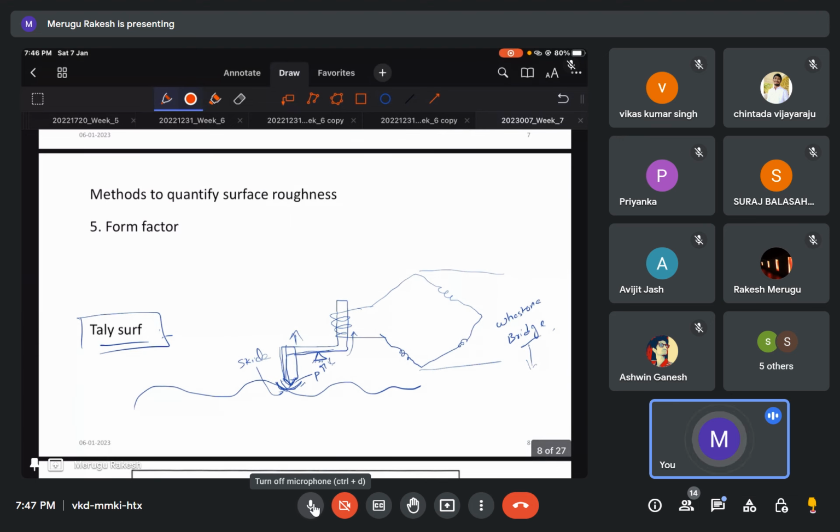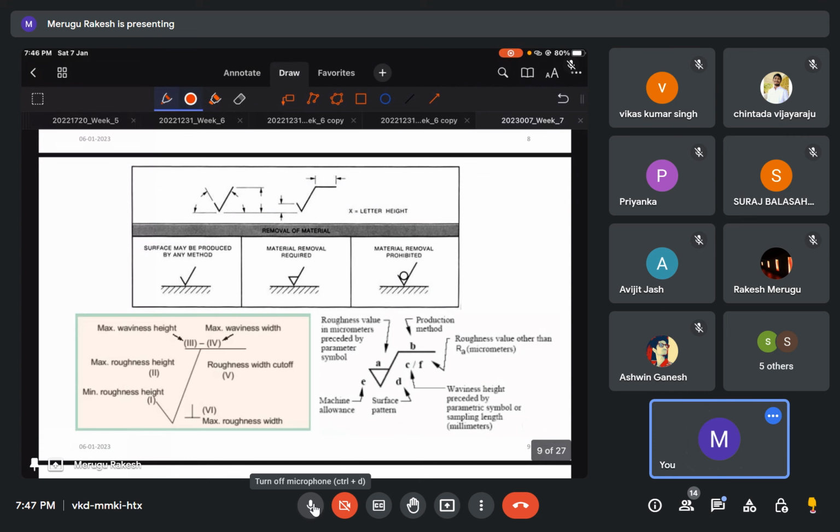So let me discuss these symbols that I was talking about. First of all, this is the concept. If you have only two unequal lines at some equal inclination, the meaning is that it may be produced with any method.